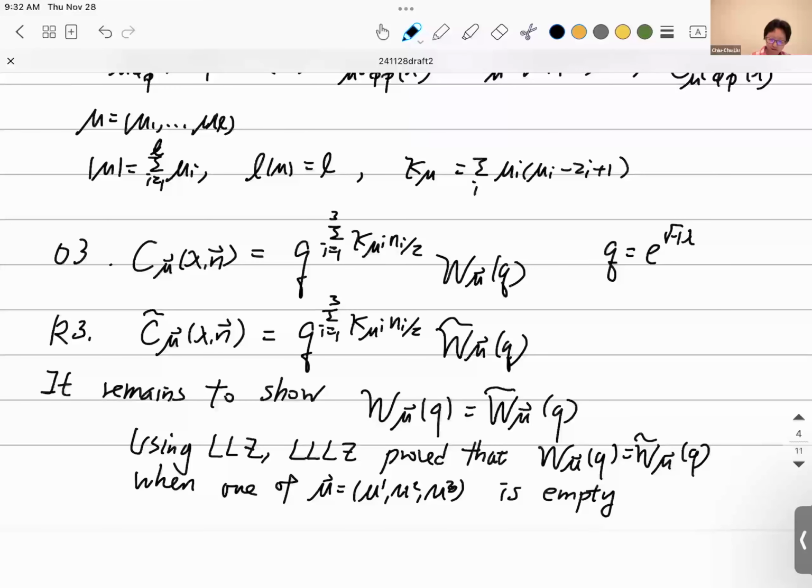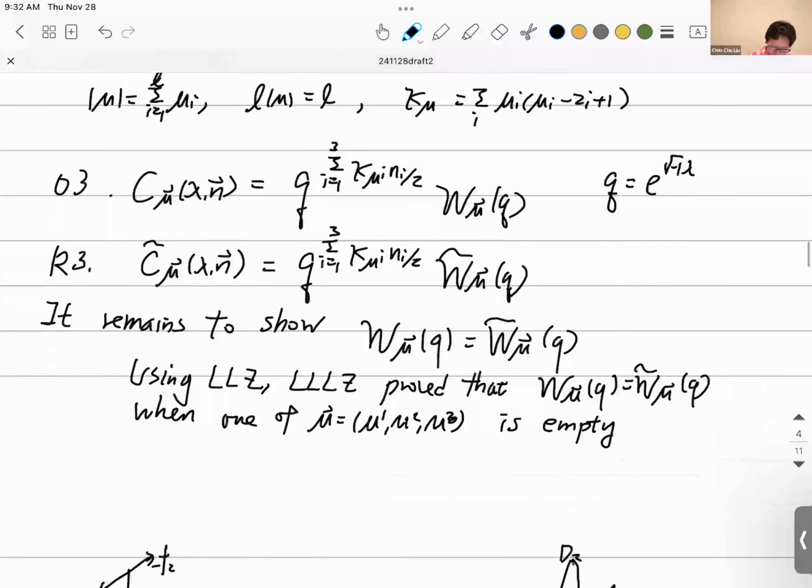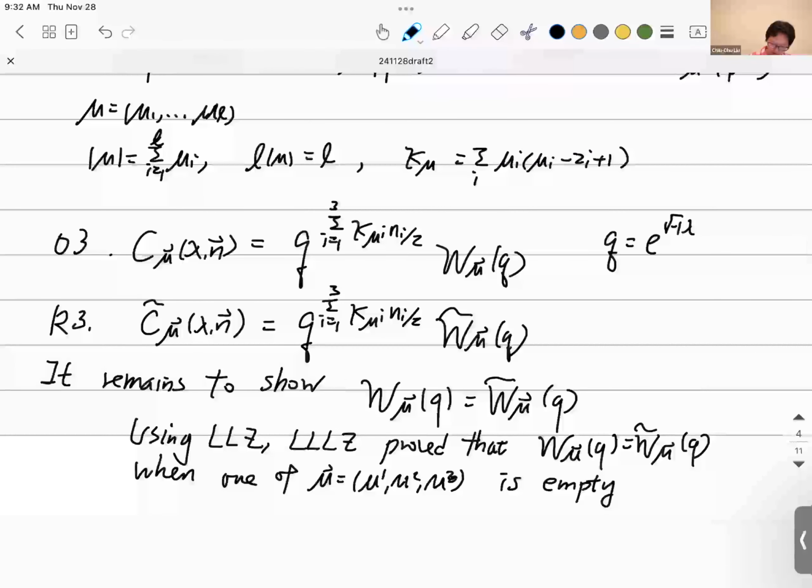If you plug in any triple of partitions, they are equal, but it seems to be difficult to prove this by purely combinatorics. It's an identity in classical symmetric functions, but it seems very difficult to prove by purely combinatorics. Yeah, we asked experts.